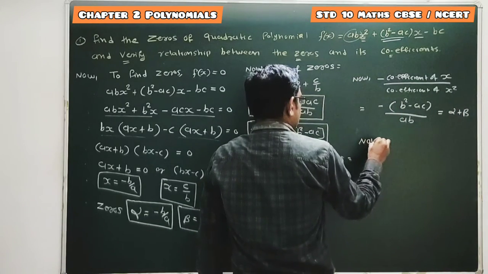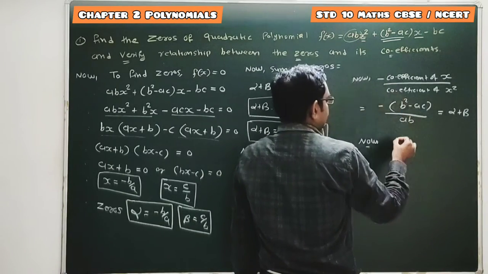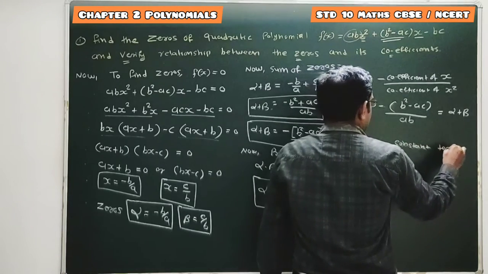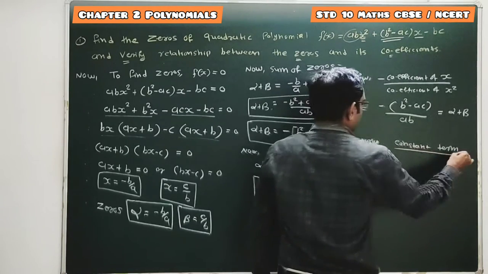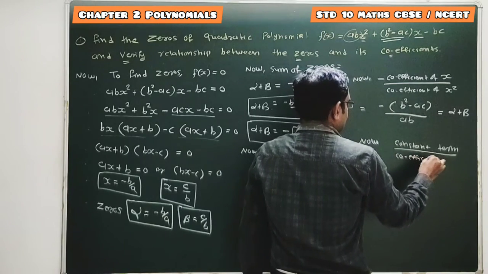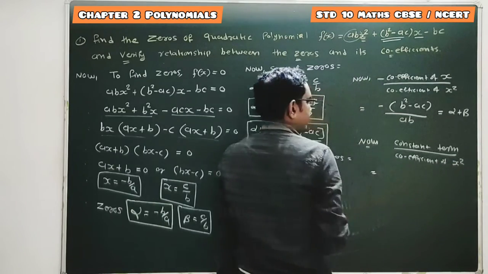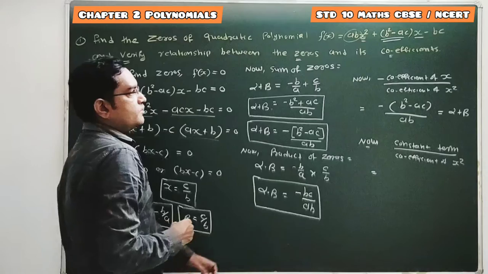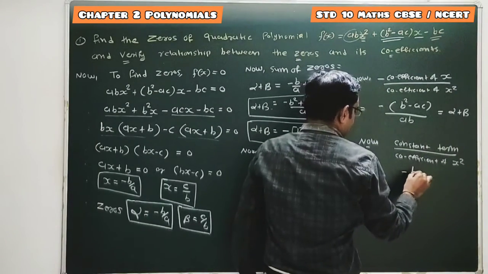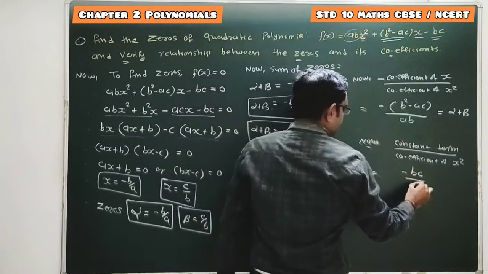Now the second ratio, that ratio is the constant term divided by the coefficient of x square. What is the constant term? Here the constant term is minus bc divided by the coefficient of x square, which is ab.